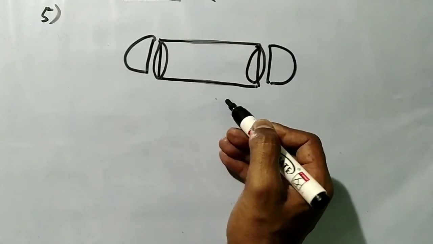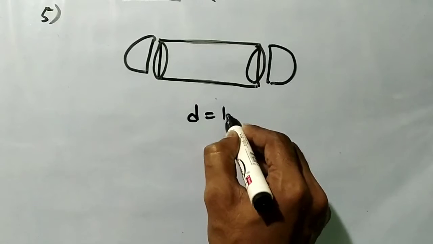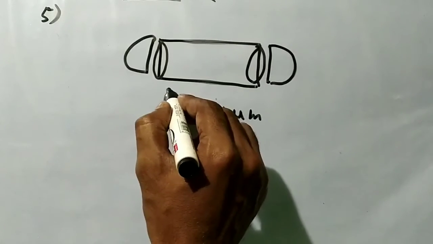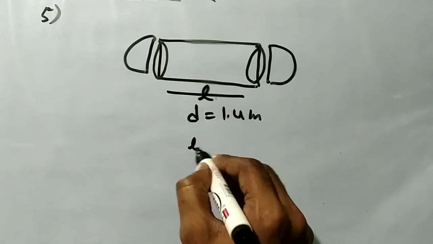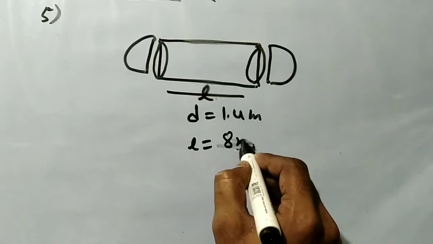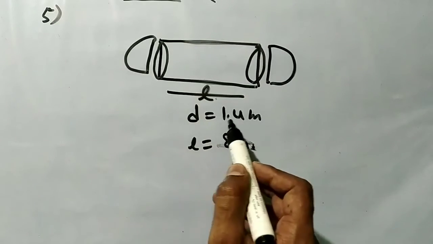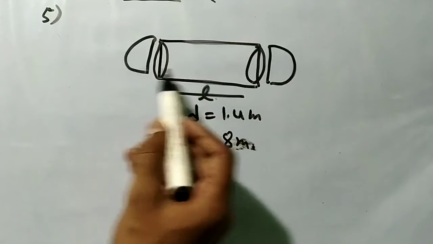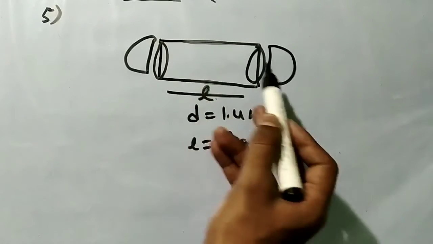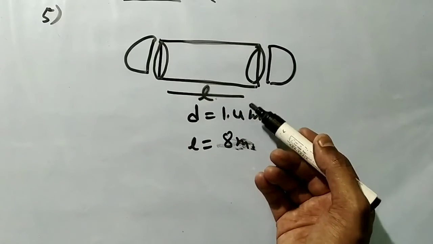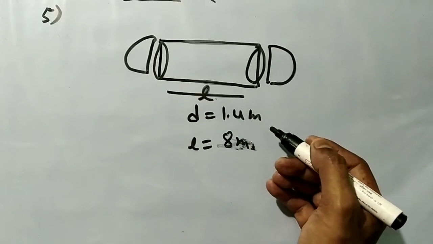The external diameter of the cylinder is D is equal to 1.4 meters, and the length of the cylinder L is equal to 8 meters. The diameter of the hemisphere is also 1.4, because the cylinder is stuck between the two hemispheres, so the diameter is exactly the same.